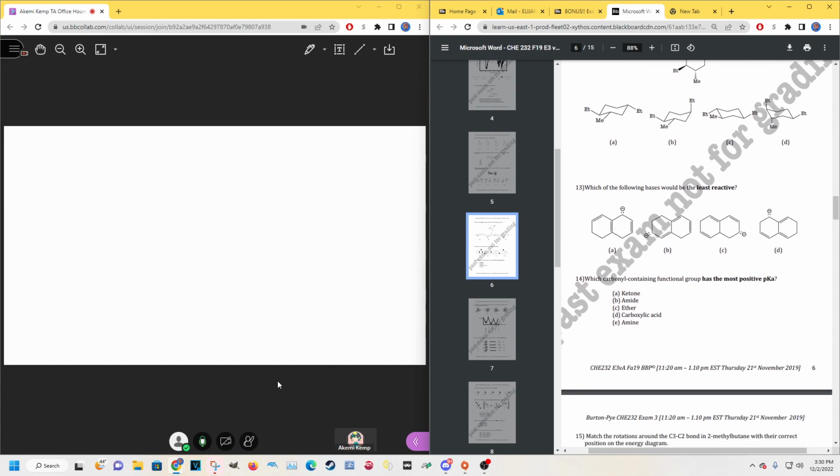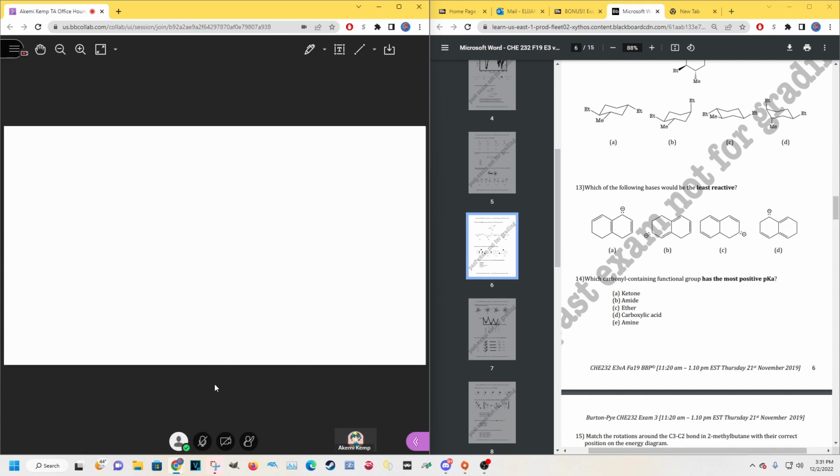The resonance? Right. You're going to have to take resonance into account now since we do have those double bonds. So since we're looking for the least reactive lone pair, that means the lone pair that can resonate the most, that's going to be the least reactive. Because remember, the more a molecule can resonate, the lower its electron energy is going to be, which means the less reactive that lone pair is going to be as well.